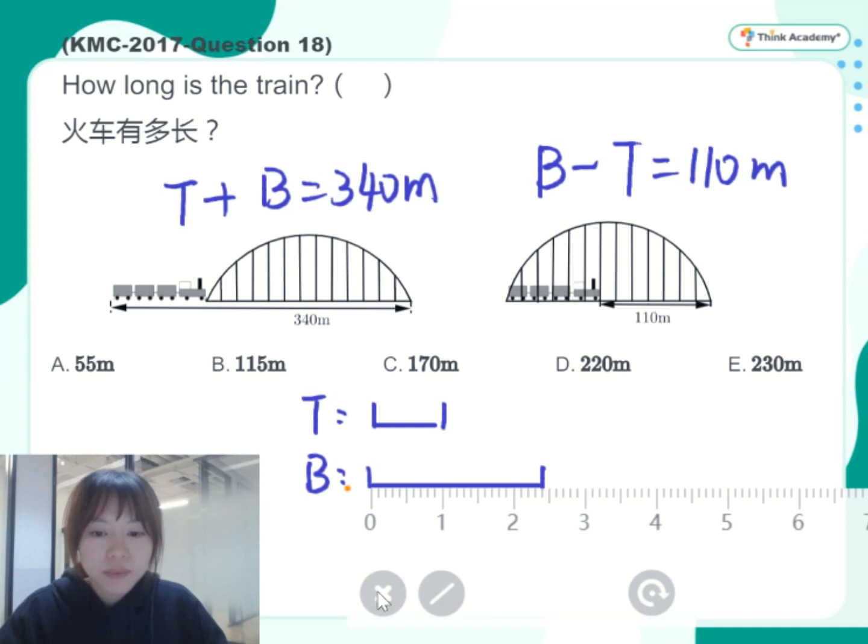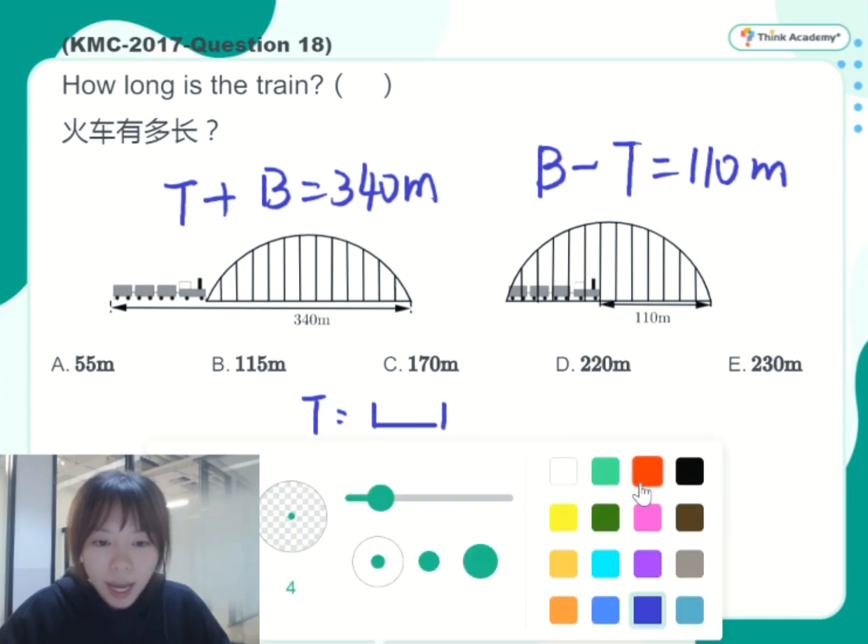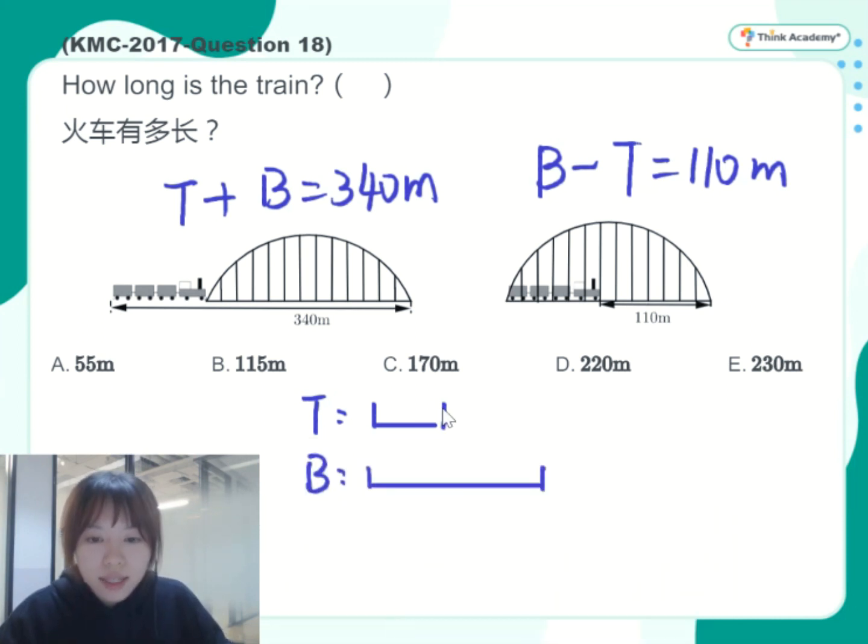Maybe that's long. And now because we know the difference, we can compare these two line segments. Do you know how long the different part is? Easy. That's the difference, 110 meters. And also we know the sum.